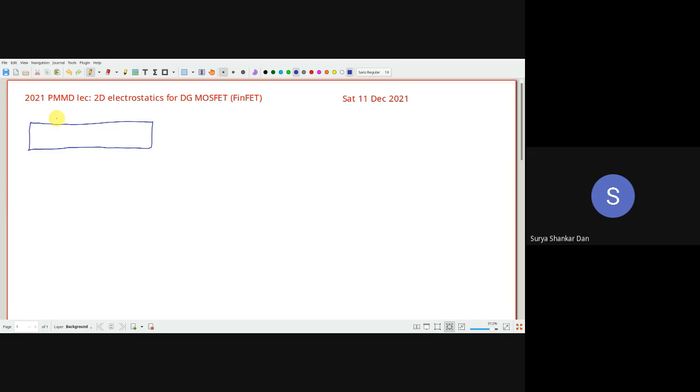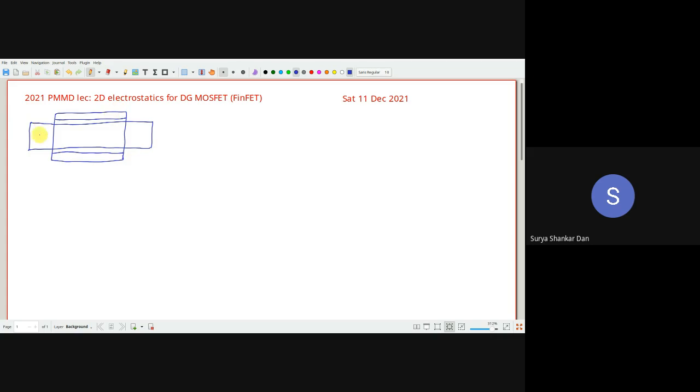Let us take the typical case. We are not considering any practical issues of misalignment or anything. Let us just consider this scenario. This is a typical double gate MOSFET.